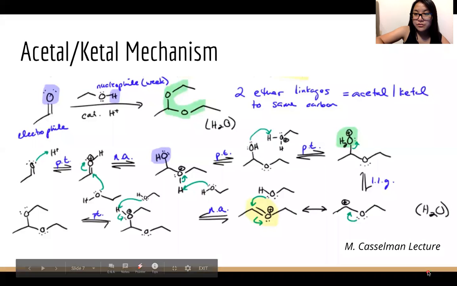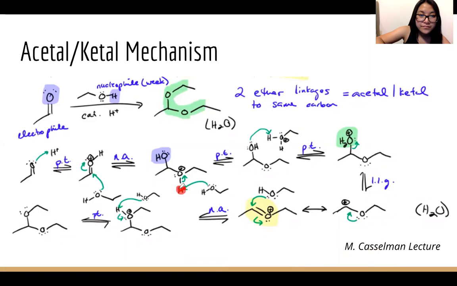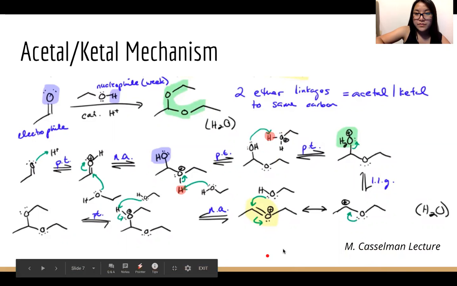So if I were to, let's see, I can draw. Okay, so this hydrogen, I'll use red. This hydrogen right here is the same one that's right here. And then when this oxygen takes this hydrogen off, it forms this H2O. Good, okay. So let's go back to this.